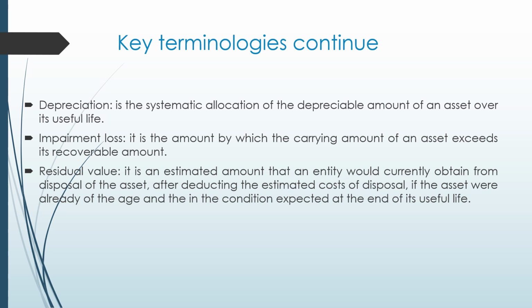We said it's the amount at which the asset is recognized after deducting any accumulated depreciation and accumulated impairments. So when we compare the two figures, and we realize that the book value or the carrying amount of the asset is more than its recoverable amount, then we can say that that asset has been impaired.